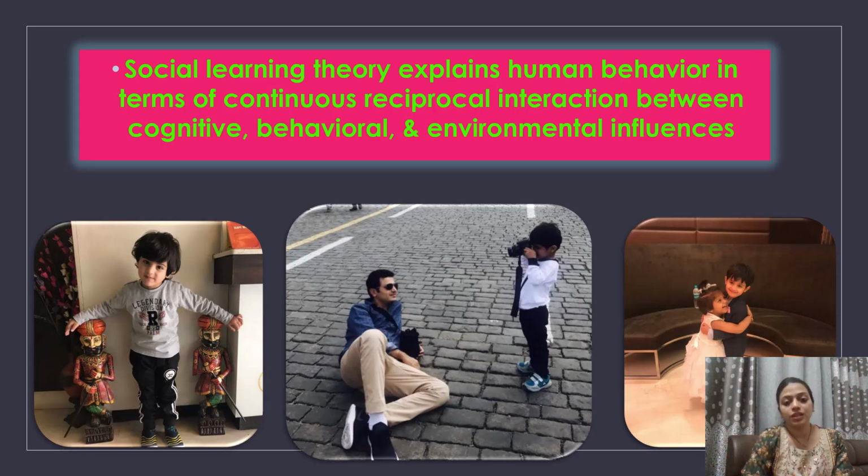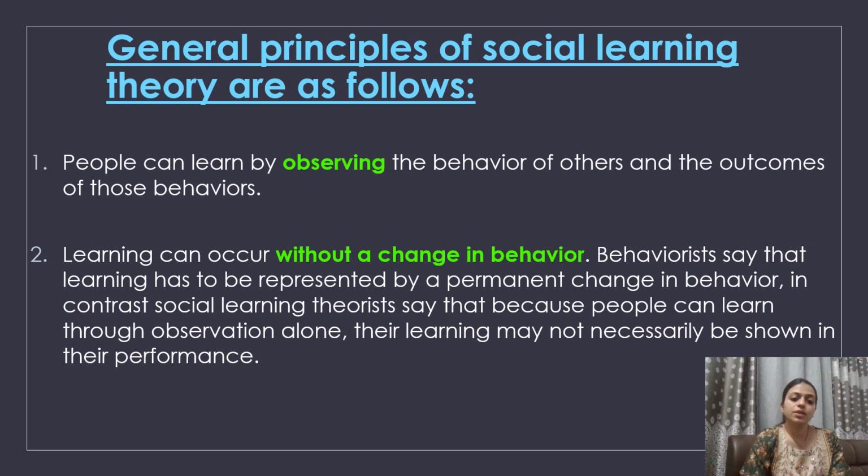Social learning theory explains human behavior in terms of continuous reciprocal interaction between cognitive, behavioral, and environmental influences. So it encompasses attention, memory, motivation. Social learning theory spans both cognitive and behavioral frameworks basically.